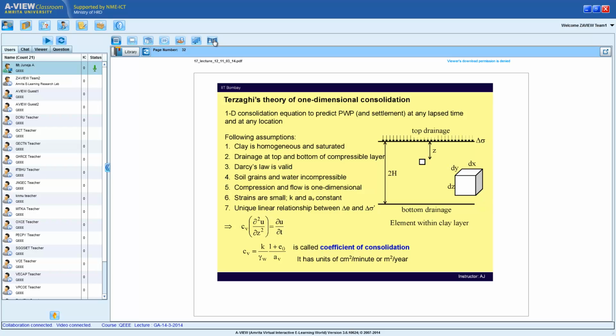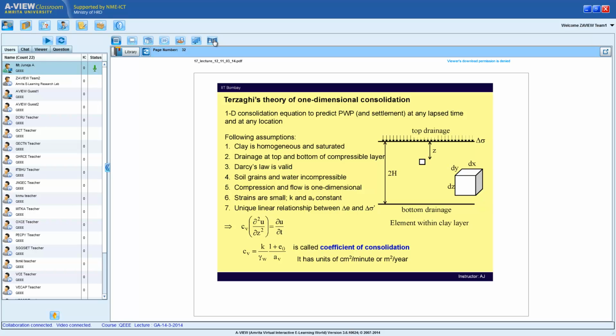In Terzaghi's initial cylindrical model, which he took for a demonstration purpose, the perforated plates are both at the top as well as bottom. We will look at a case when the perforated plates are only one-sided, but the general solution is when the perforated plates are both at top and bottom.